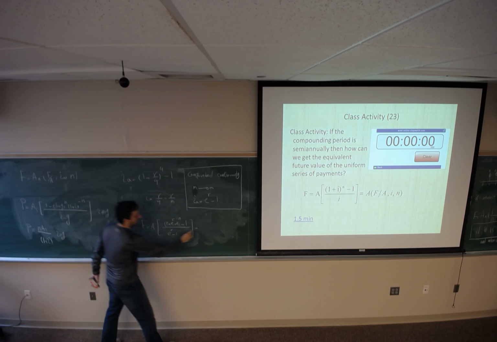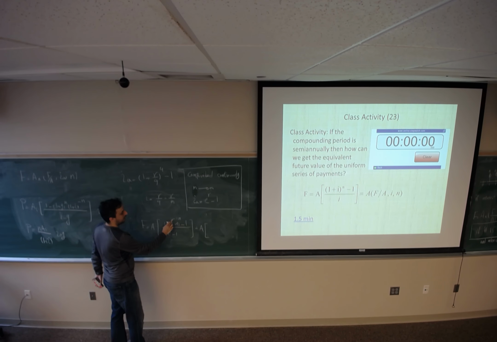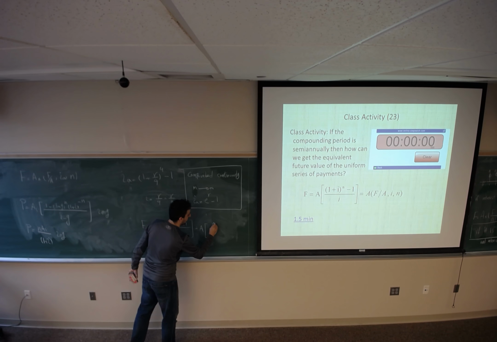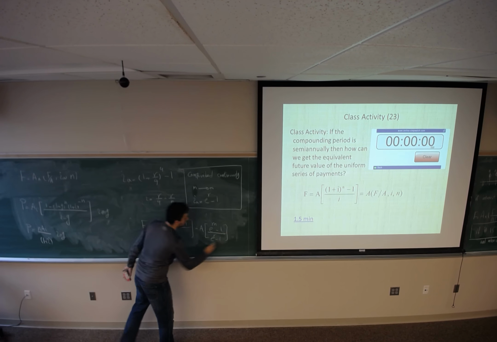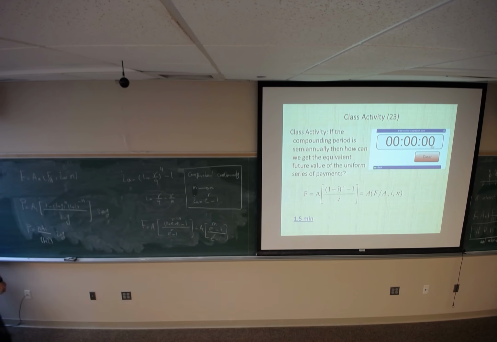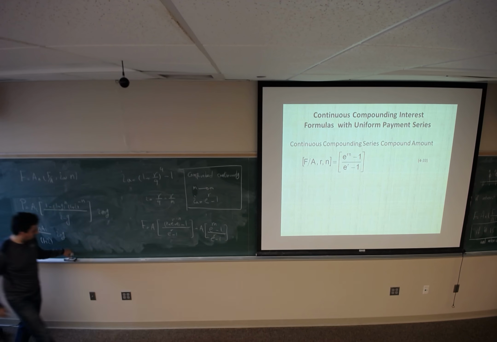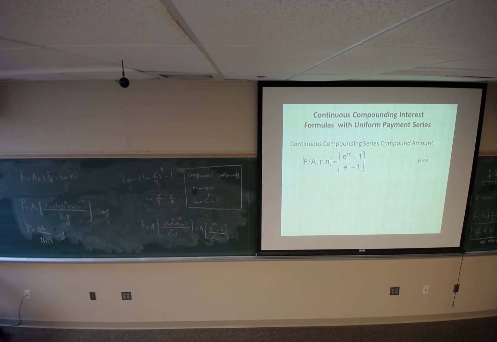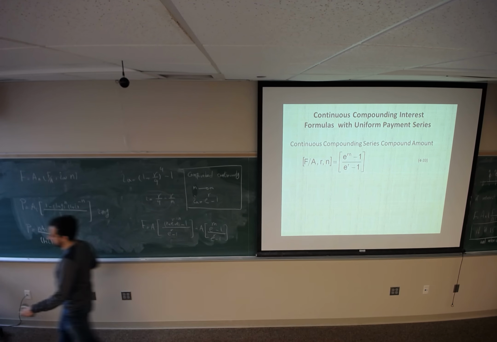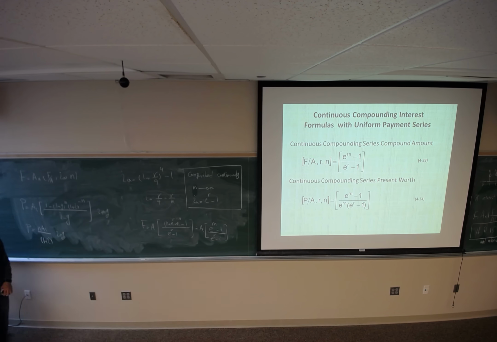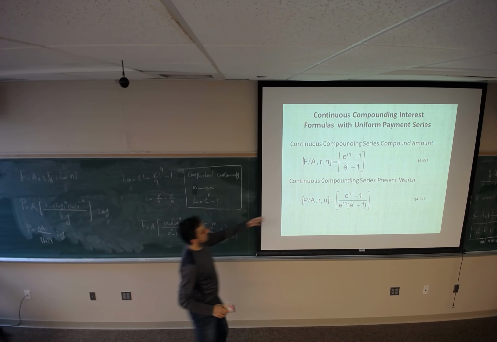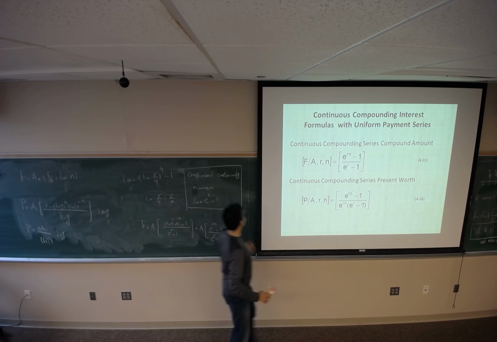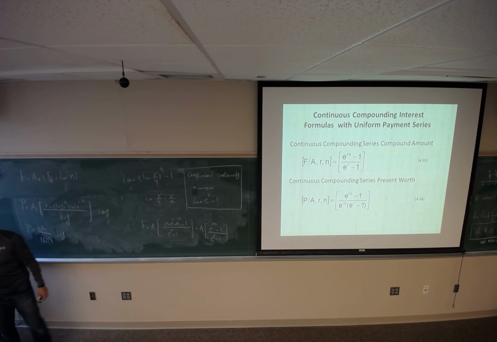So A times e to the power RN minus 1 divided by e to the power R minus 1. So it's a continuous compounding series compound amount formula. If you want to use it for the present worth, just change I to e to the power R minus 1 in this equation, and you will get it.